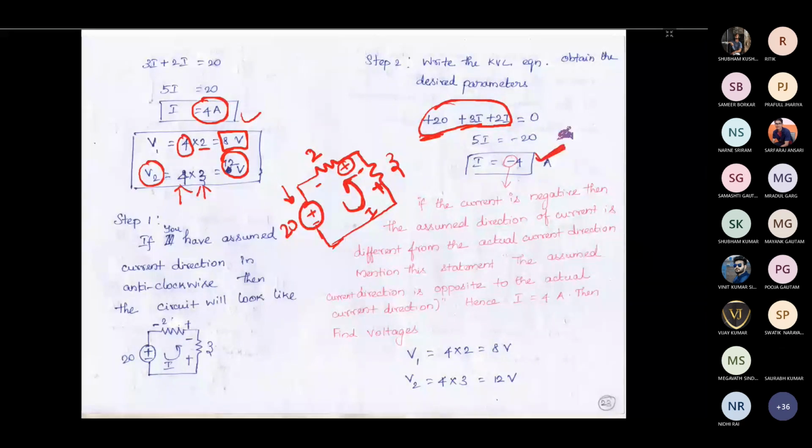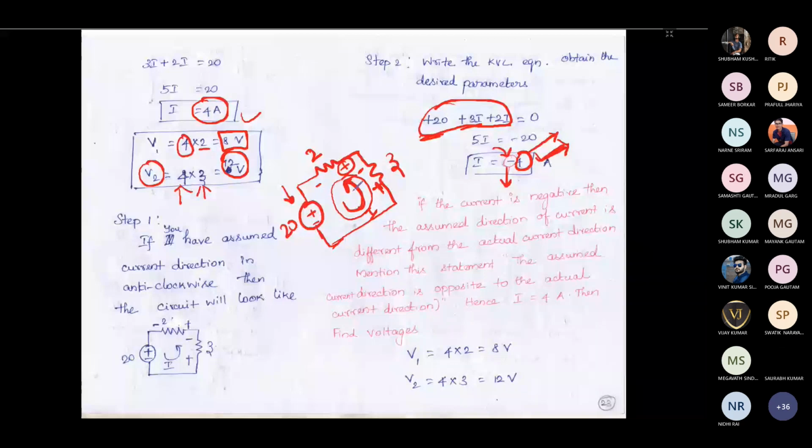If you see here, I is coming as minus 4 ampere. What it means is the magnitude is correct, no problem with that. It is coming as negative because, if the current comes out negative, it means that the assumed current direction is wrong, nothing else.